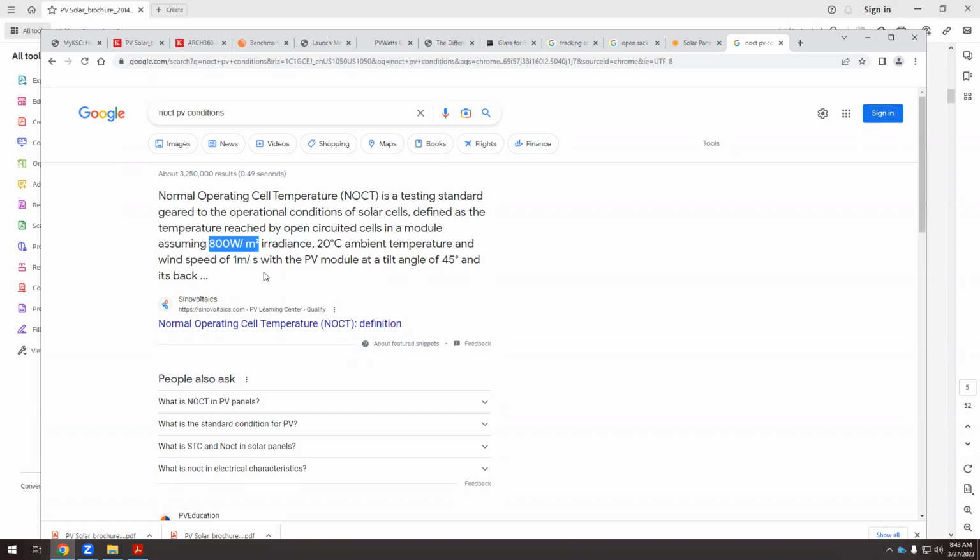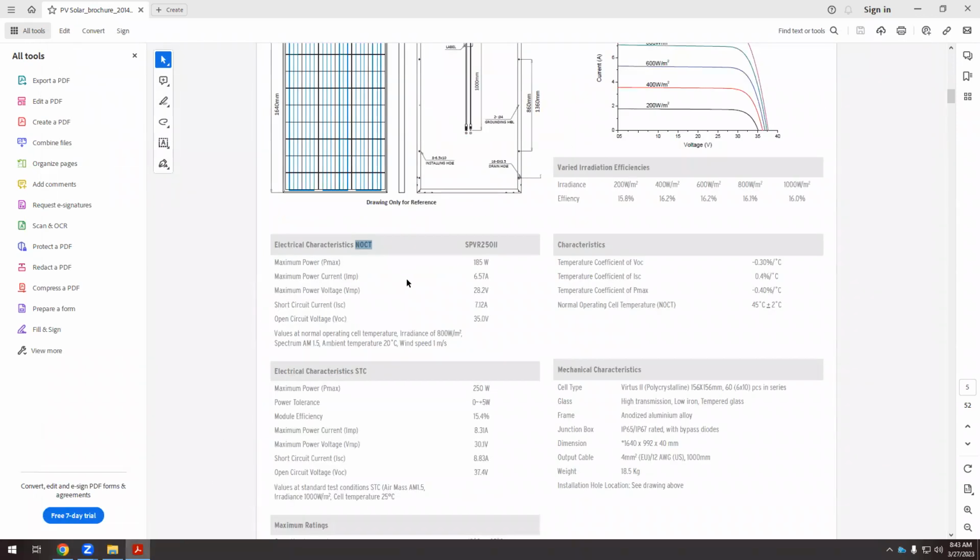1,000 watts per square meter is something that we hardly ever have. So the NOCT are more realistic conditions. In this case, we have the maximum power, it's 185 watts, or 2,050 watts for the standard test conditions.